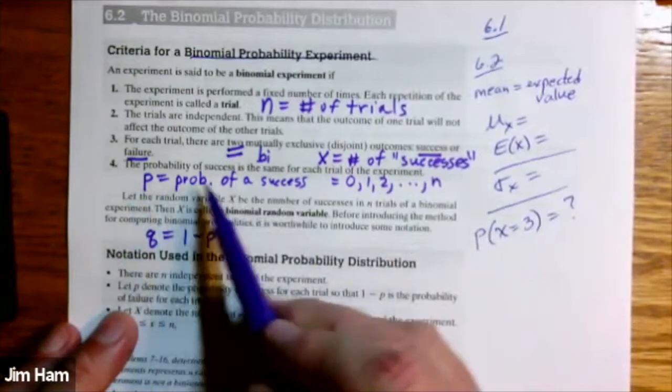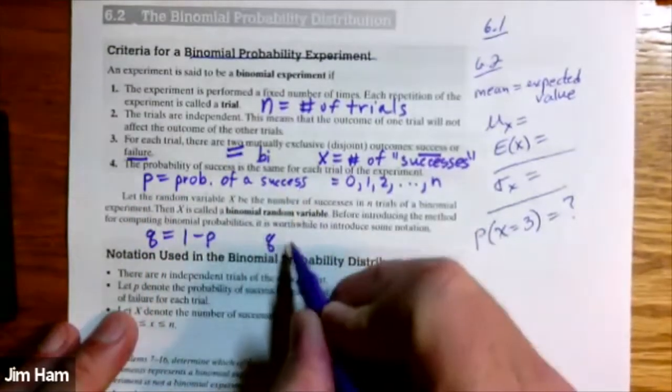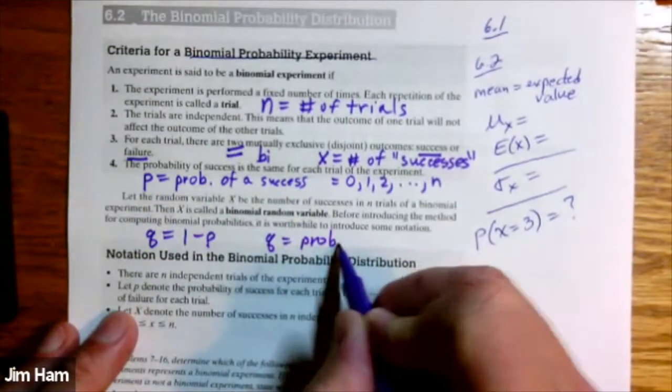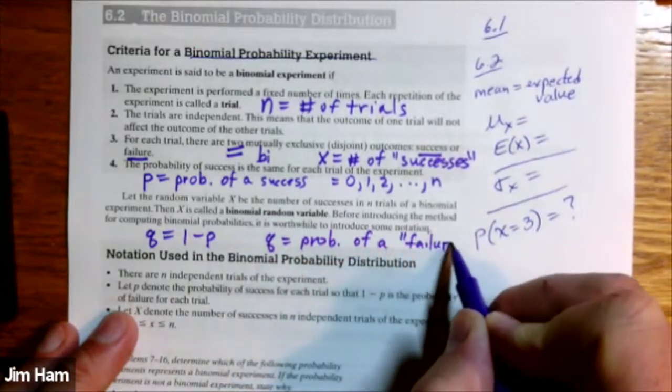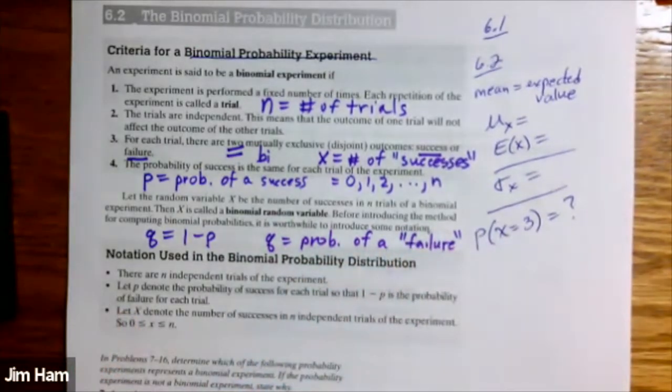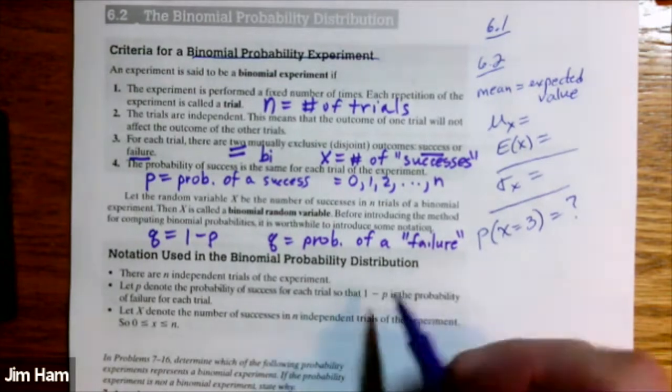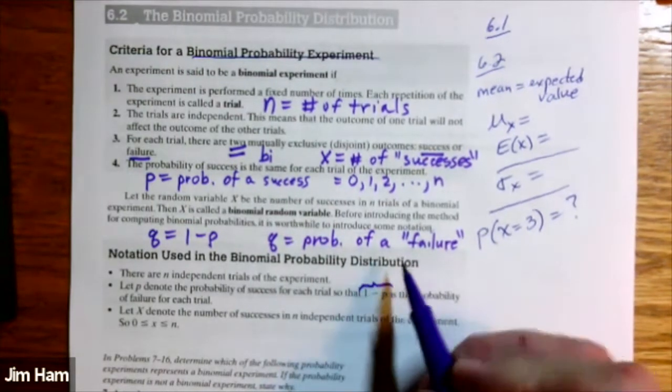So if p is the probability of a success, then q is the probability of a "failure." I'll put failure in quotes too, because it's not really a failure. In the coin example, a failure would be getting a tail. It's just not the outcome that you were looking for, that you wanted to count. And sometimes they call that just 1 minus p.